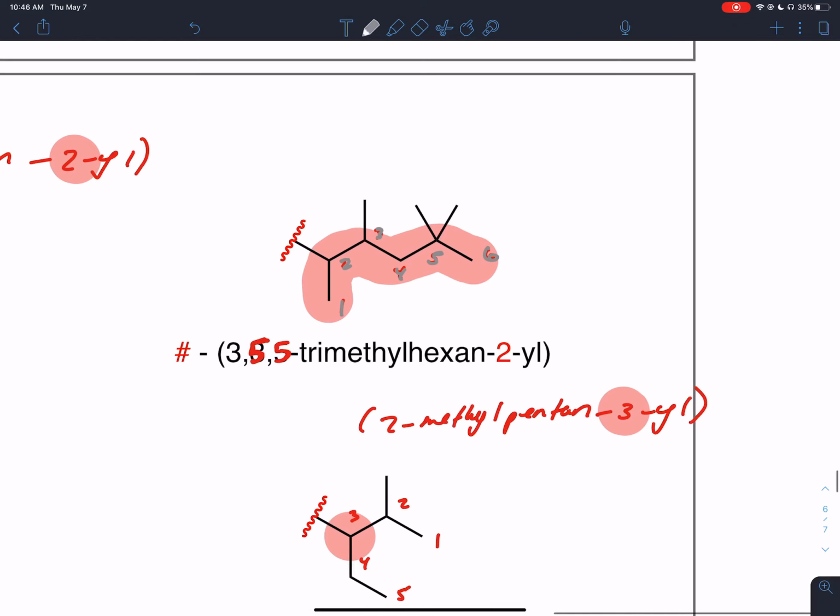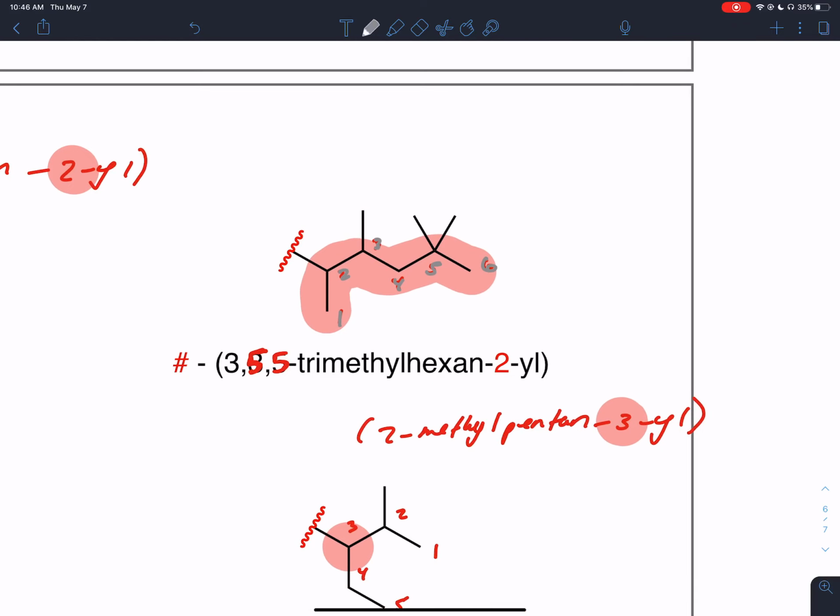And we would say that there are 3 methyl groups, 1 at the 3rd position and 2 at the 5 position. So therefore, we put our complex substituent in parentheses. We have 3,5,5-trimethyl hexan-2-yl, hexan-2-yl.